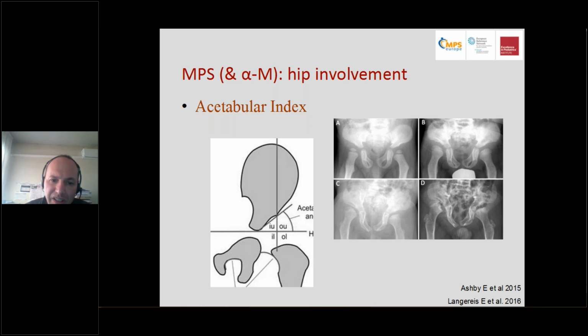The acetabular index is an index that orthopedic surgeons use to quantify the coverage of the femoral head by the acetabulum with a measurement of the angle. We know that in the normal child, this angle decreases with a consequent augmentation of the coverage of the femoral head, more or less between age 2 and 6.